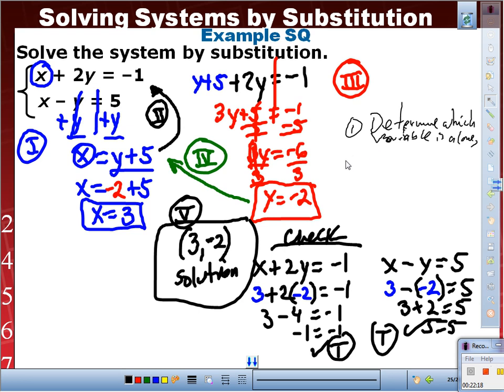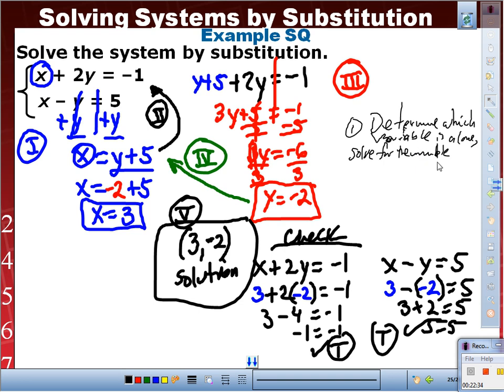And then what do we do? Once we determine which variable is alone, what do we do? Solve for the variable. No, it's still this first step. We solve for the variable of which equation?